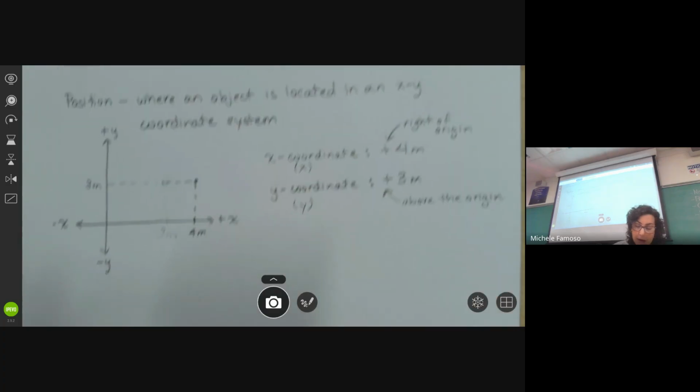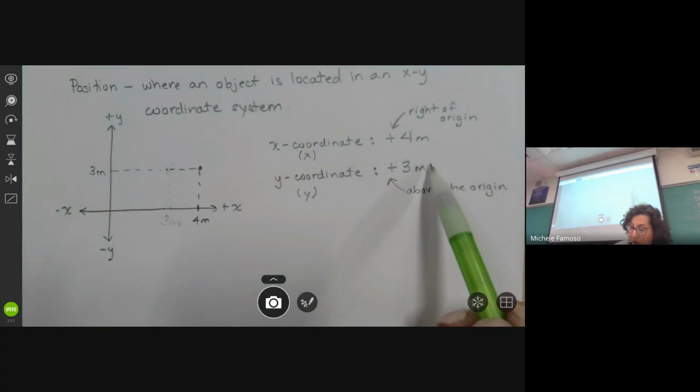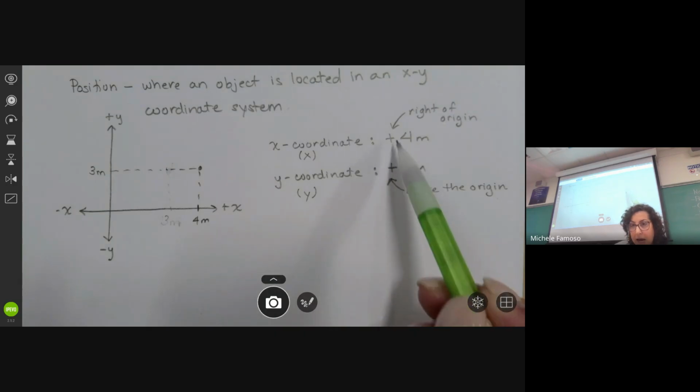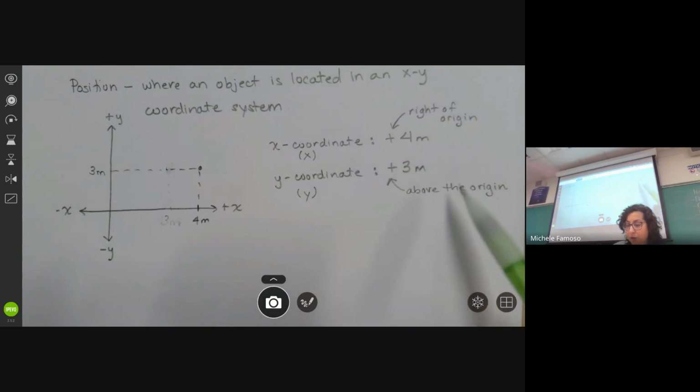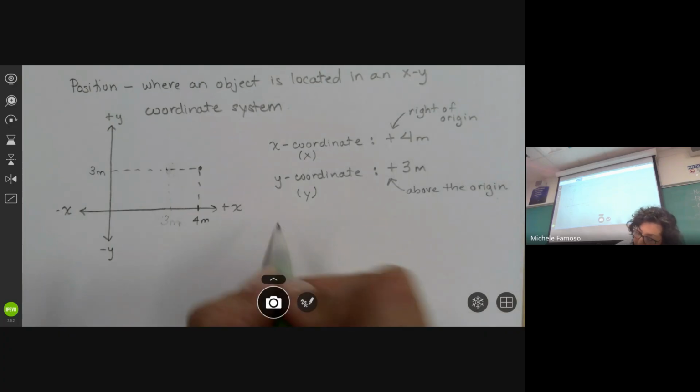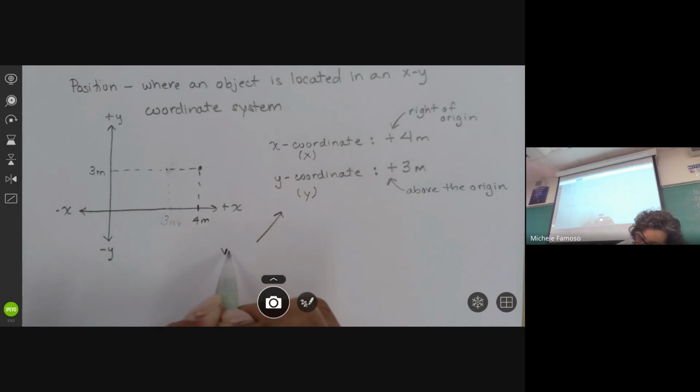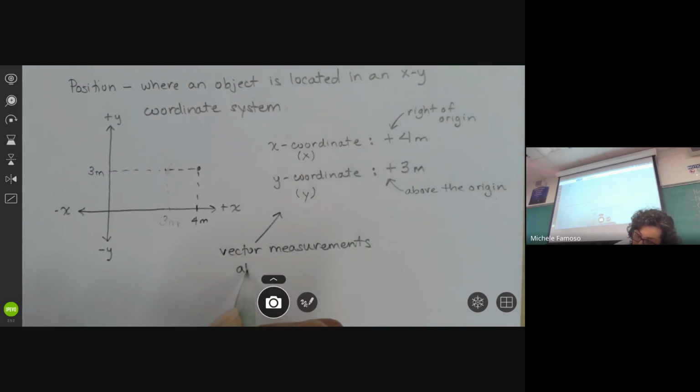These types of measurements that include not just a number, but a sign, where a sign is giving you a direction with respect to a reference position, in this case, the origin, are called vector measurements in physics. What is a vector measurement? A vector measurement always has two things.